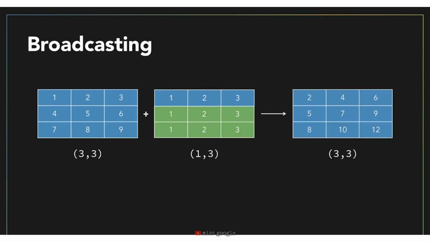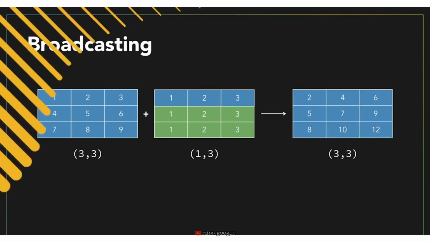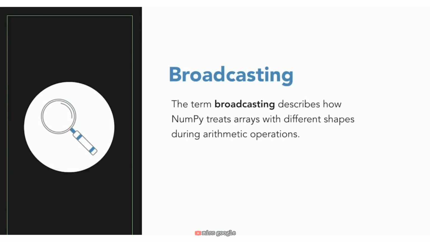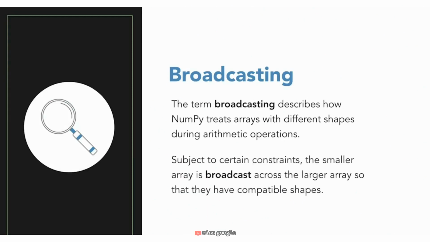According to the NumPy documentation page, broadcasting is explained as: the term broadcasting describes how NumPy treats arrays with different shapes during arithmetic operations. Subject to certain constraints, the smaller array is broadcast across the larger array so that they have compatible shapes. So, how does broadcasting work and when can we apply it?